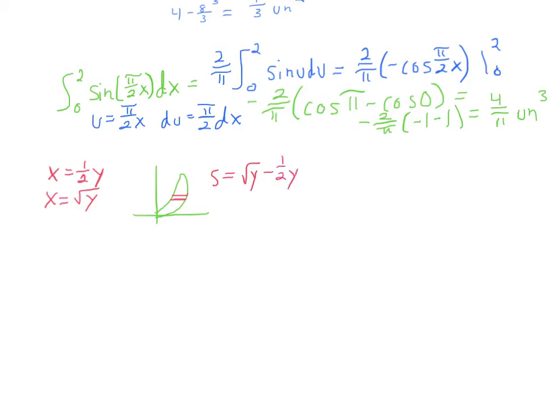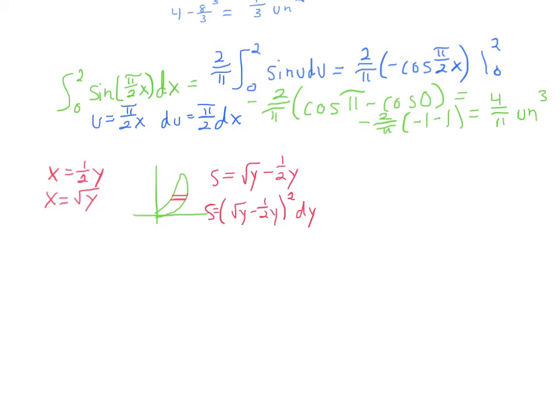And so now if we wanted to find the area of that square, the two sides would have to be the same. So we would just square that. And then if we wanted to find the volume of that square, we would multiply it by delta y.